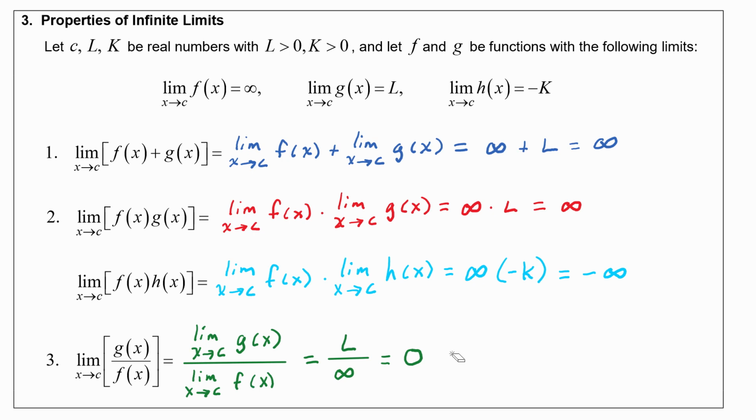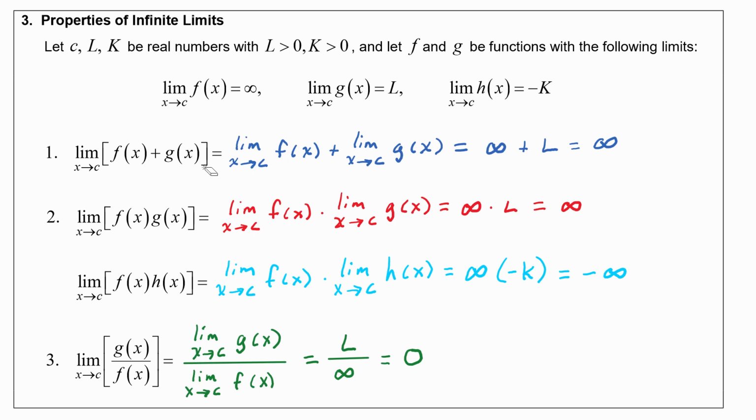And this would be true even if L was a negative number. A finite negative number divided by infinity is going to go to 0. It would also be true if this was negative infinity in the denominator. A finite number divided by negative infinity is also going to be 0. It's just going to go through negative numbers if the numerator is positive.